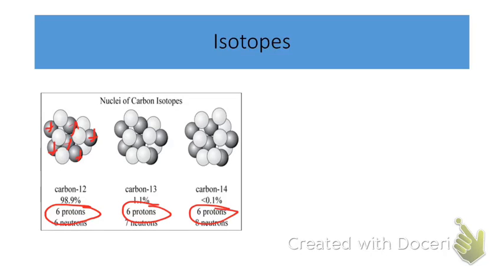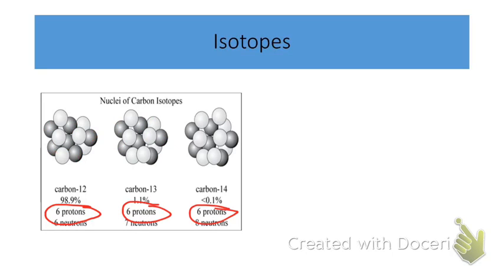If you look at the next isotope, again, 1, 2, 3, 4, 5, 6 protons, and so forth. So if you look at these atoms, what is the only thing that's changing about these atoms in their nucleus? That would be the number of neutrons.